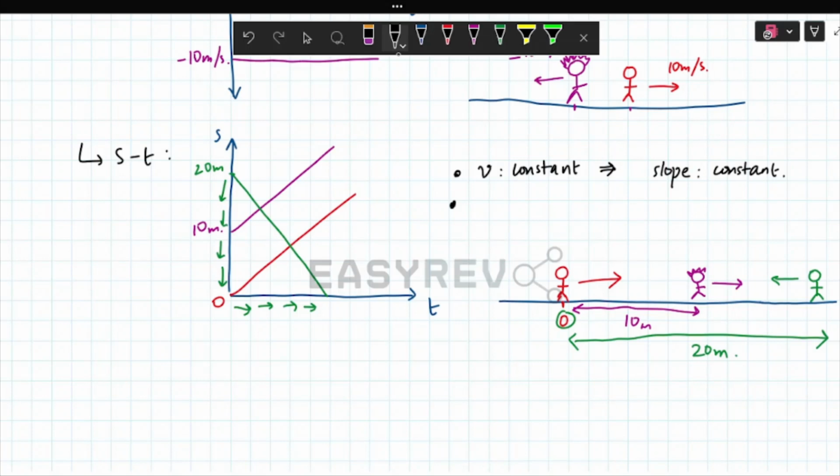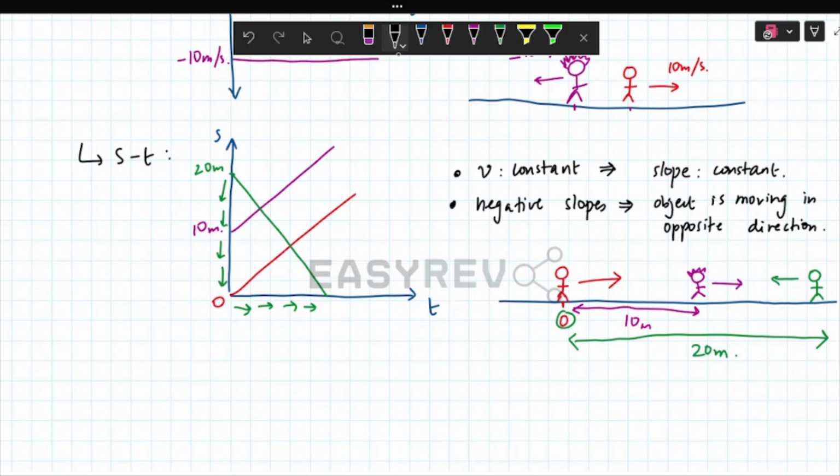This is a very important point to keep in mind. And since the gradient is constant, we expect the velocity to stay the same regardless.